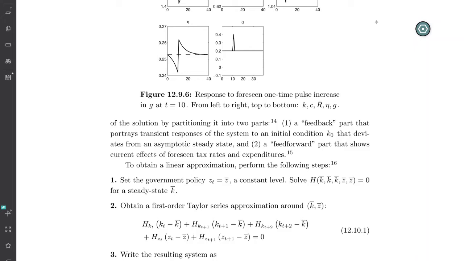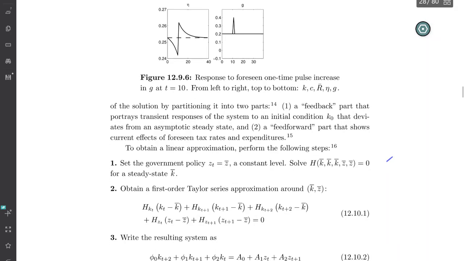So here's a cookbook formula for how you get a linear approximation. Step 1, fix things at a steady state. Step 2, solve for k bar. Well, we already know how to do that.